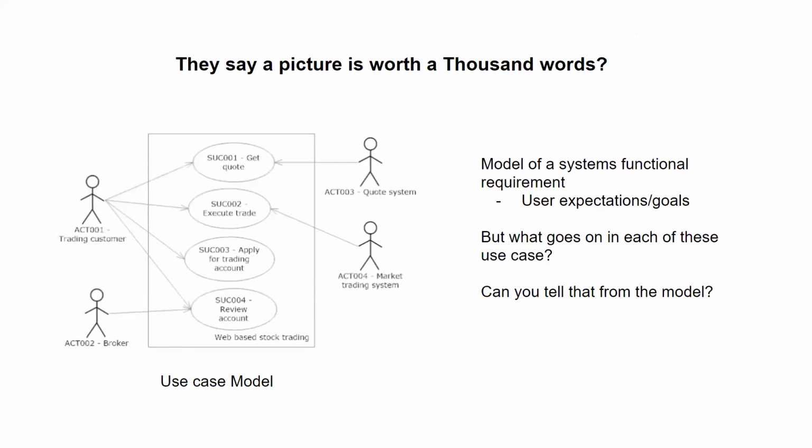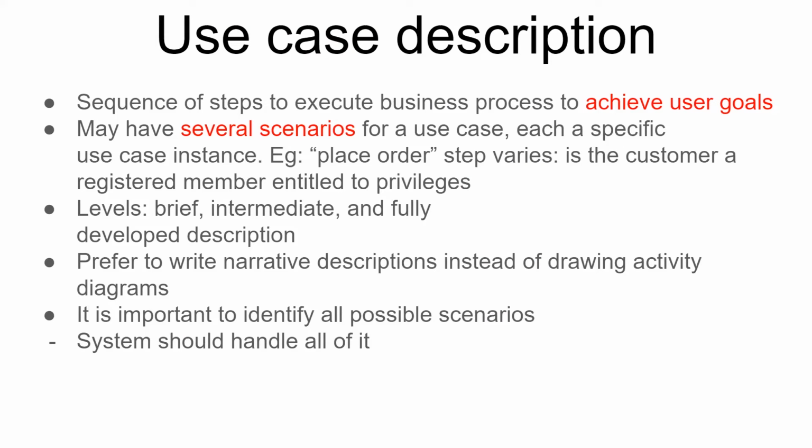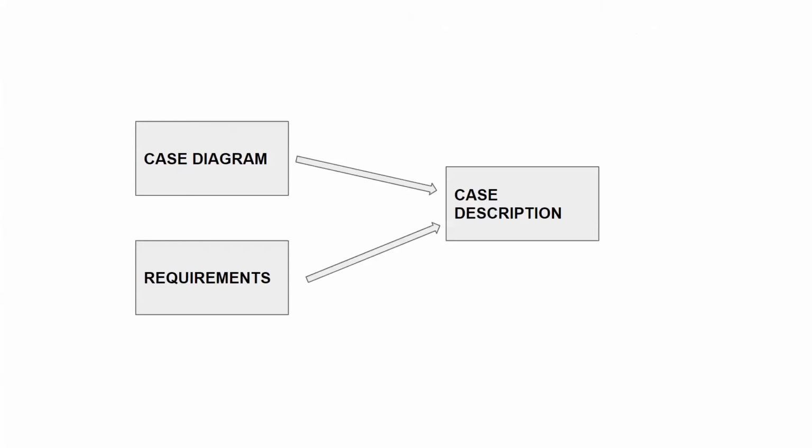This is the drawing. It will be descriptive. We do this because it's really important for the system to handle all types of scenarios you can throw at it, so the user can be happy at the end of the day.